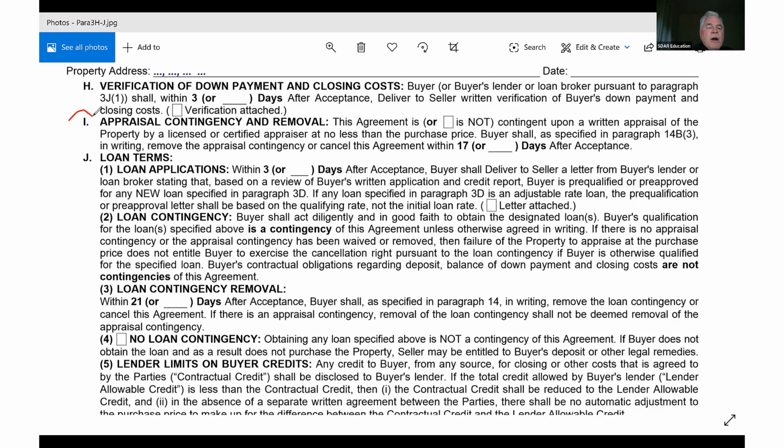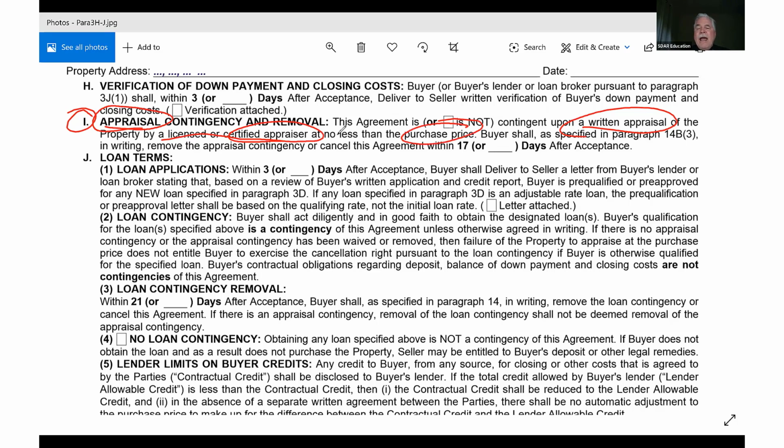Let's take a look at number I. We're going to be talking about the appraisal now. One of the things that we did in this version of the contract was we separated the appraisal contingency from the loan contingency. So the appraisal contingency, your transaction by default is contingent on a written appraisal of the property by a licensed or certified appraiser, not by you, at a price no less than the purchase price.